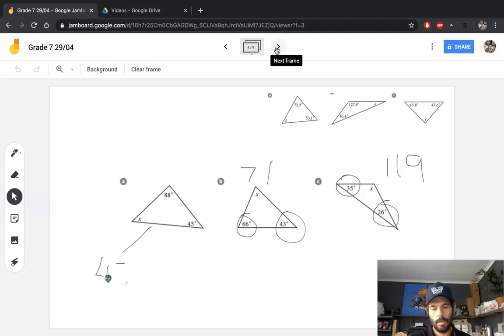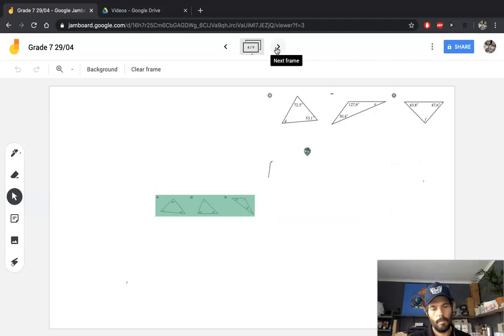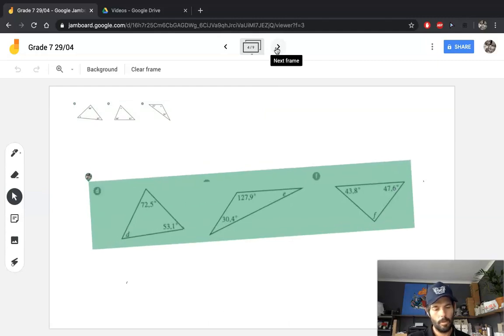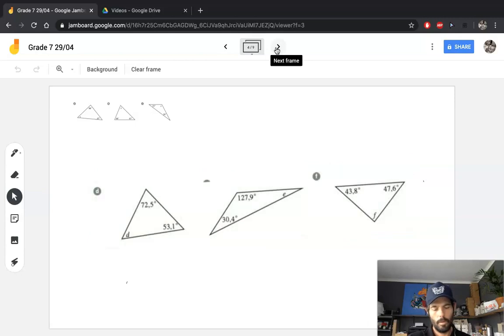And then for C, D, and E, it doesn't matter if you have decimals. For D, 72.5 and 53.